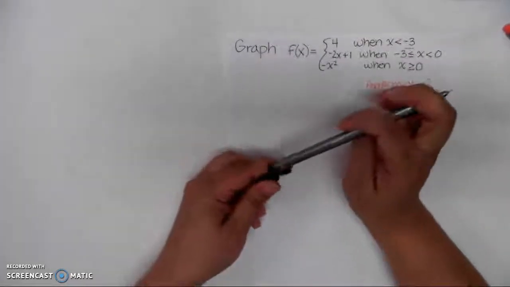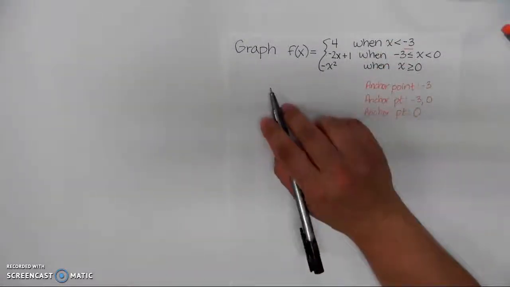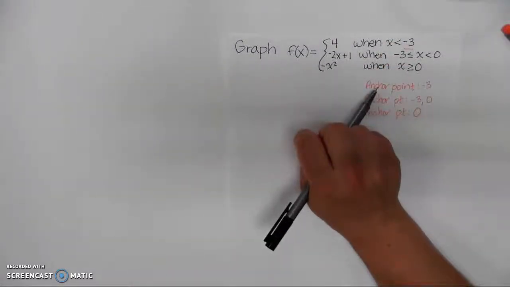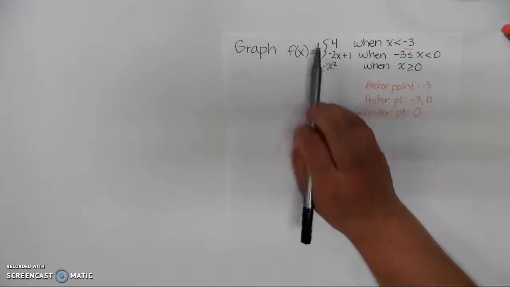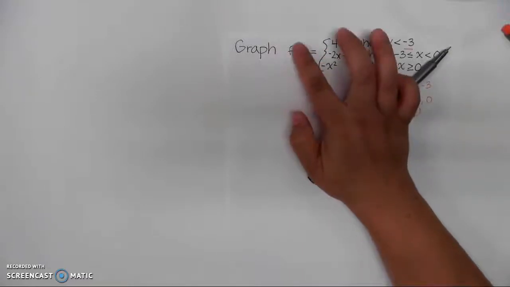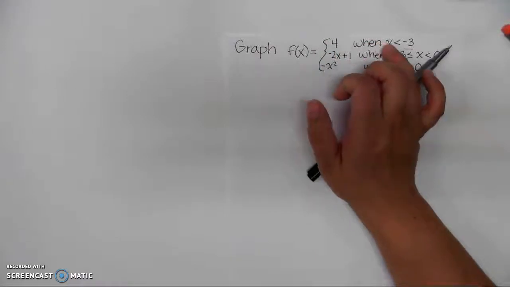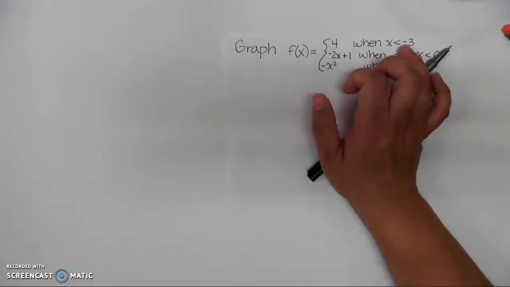So let's look at each one. So the first one is -3, and that's for x, right? But in my first part of the equation, I do not see an x anywhere in there. So what does that mean? Well, remember, f of x just means y. So it's saying that y equals 4 when x is less than -3.